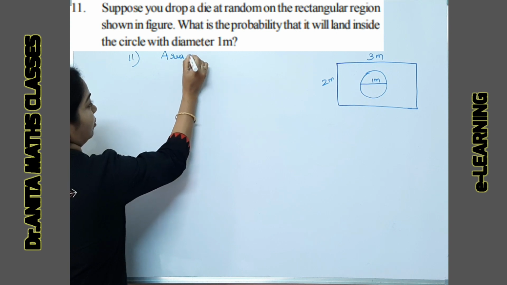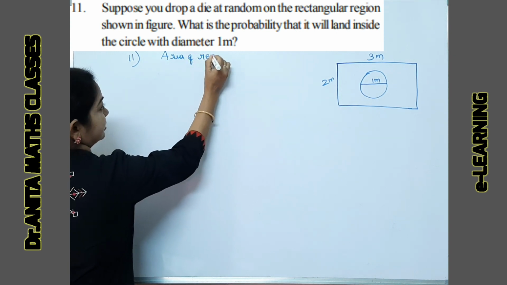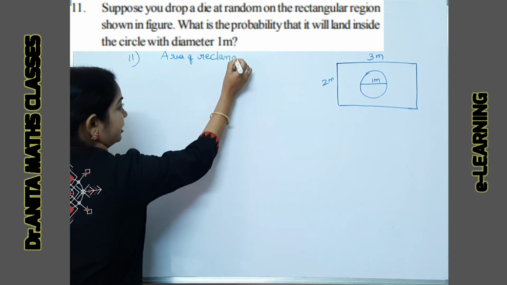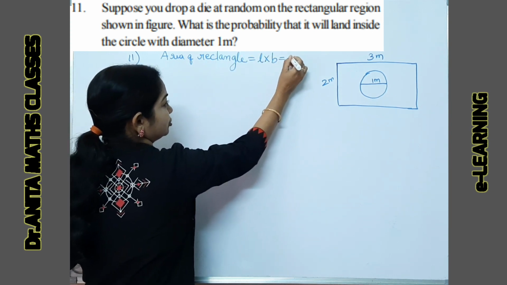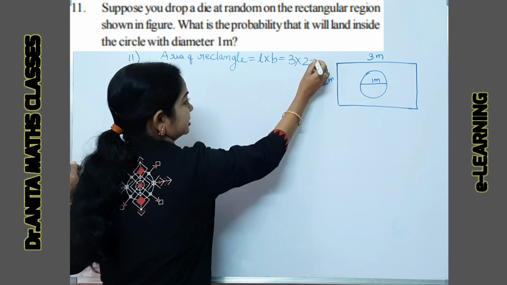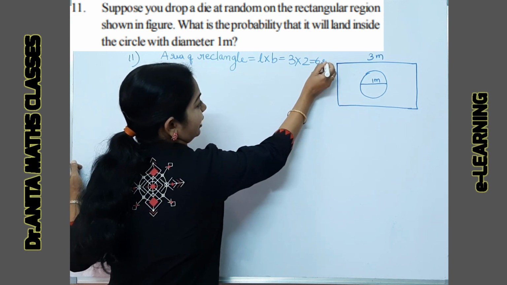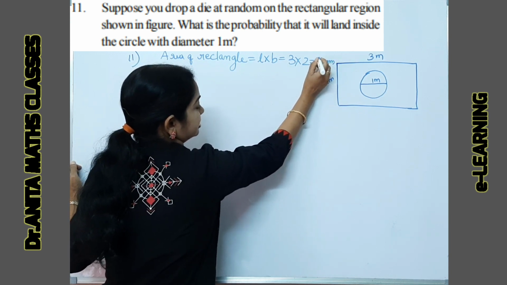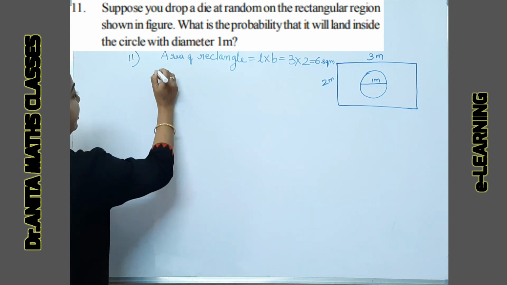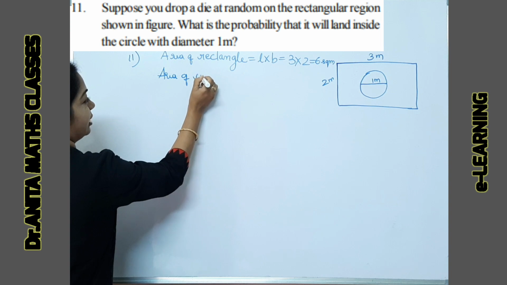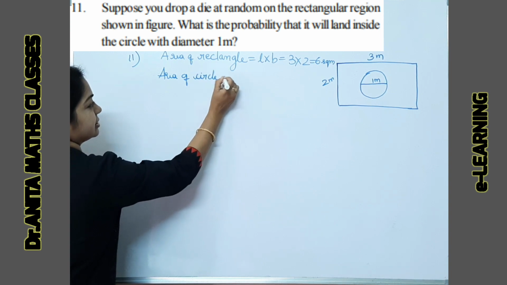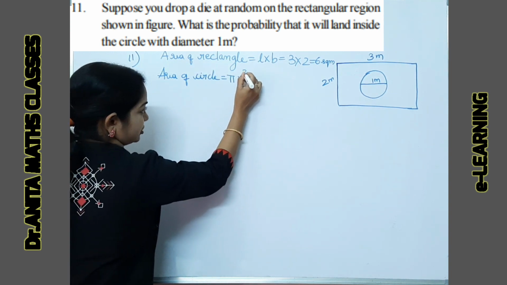Area of rectangle is length into breadth, that is 3 into 2 is 6 square meters, right? Now we will calculate the area of this circular region. Area of the circle is pi r square.